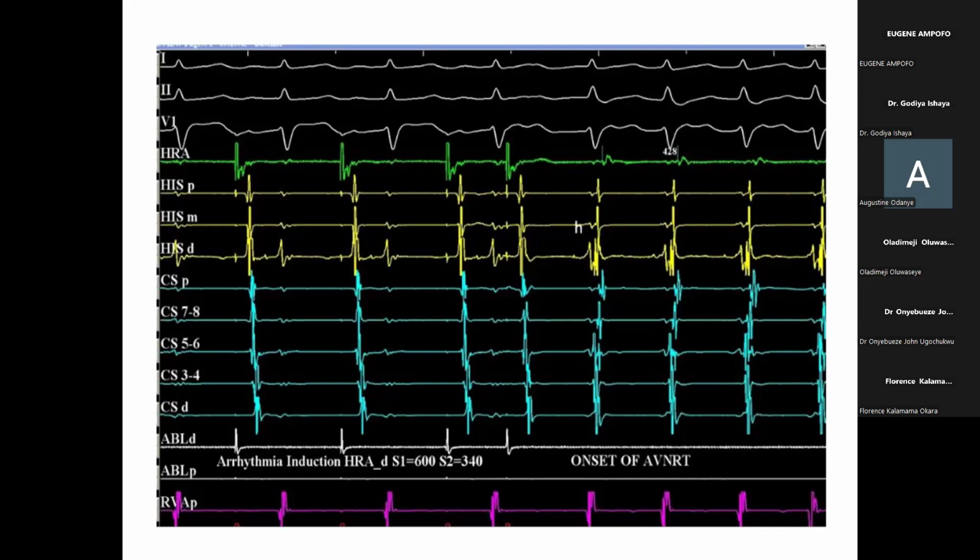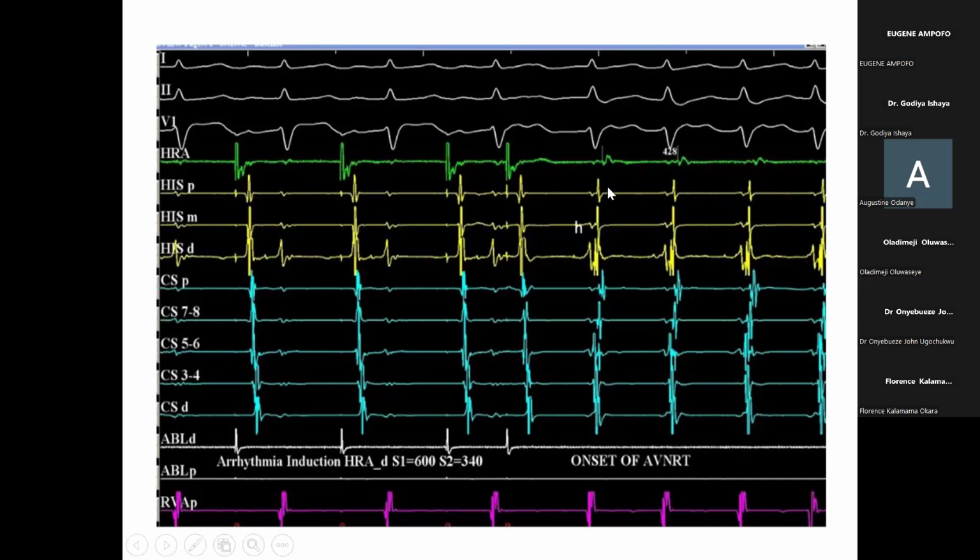Thank you, sir, for the teaching. I just want to ask you a question, sir. I once read that the RP you talked about, using the surface ECG, you could find a retrograde P wave just after the QRS. I think V1, maybe V2, I'm not sure of the second lead.